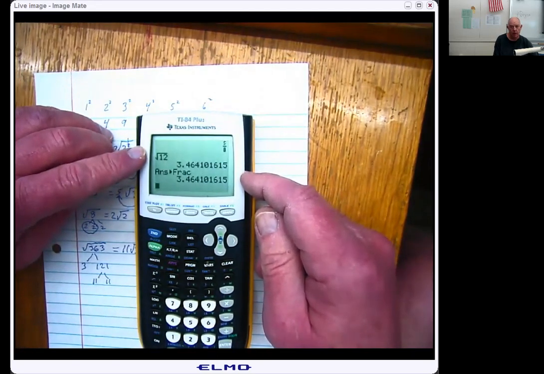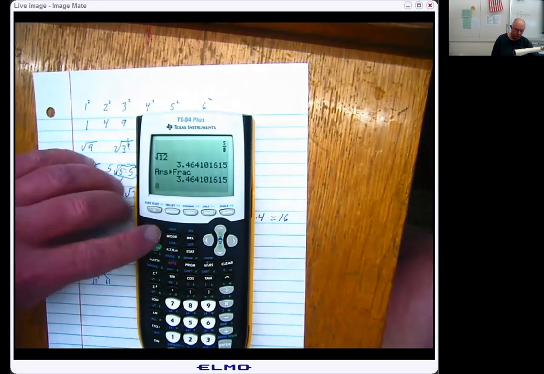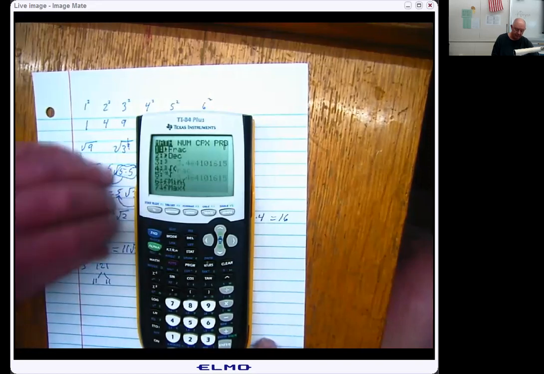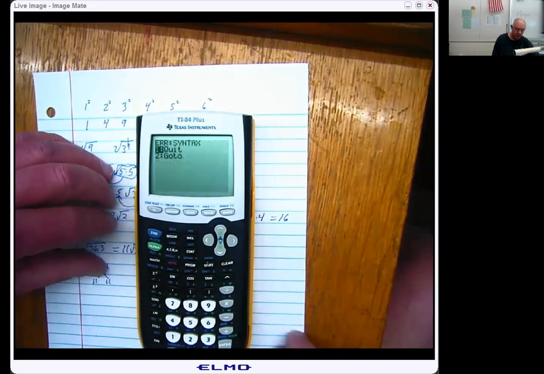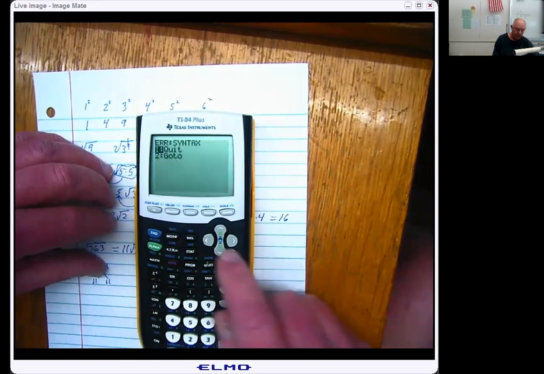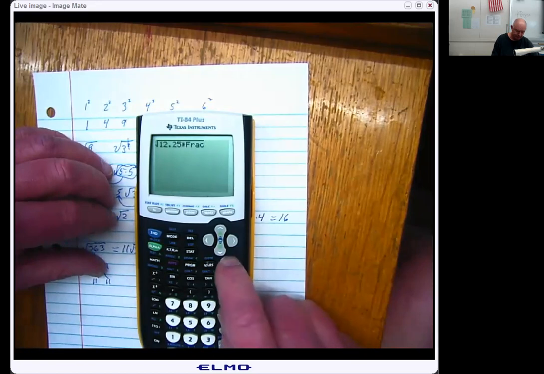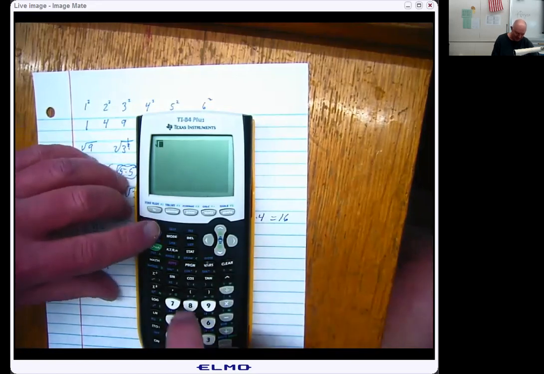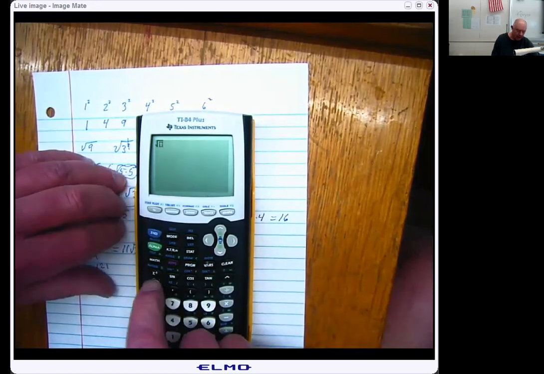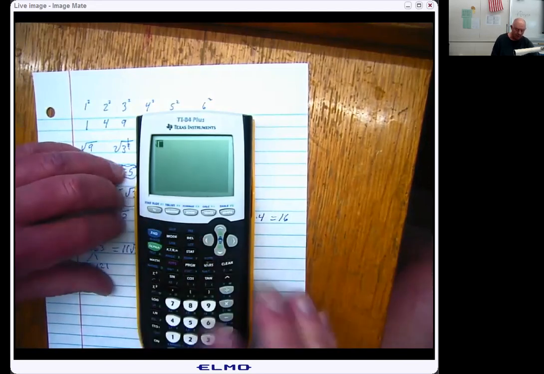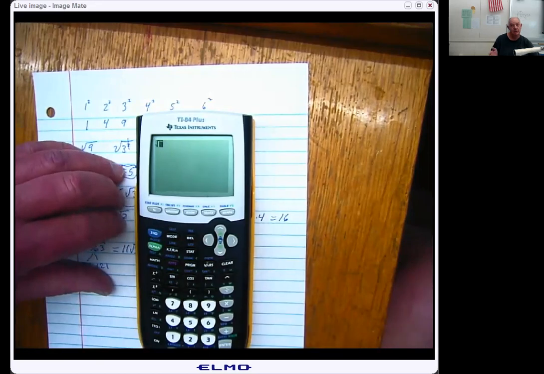But if you had a perfect square, let's say we had the square root of 12.25, and I hit math, enter, enter, it says syntax error, because I didn't type it in correctly. So that old adage of garbage in, garbage out still applies to these calculators.